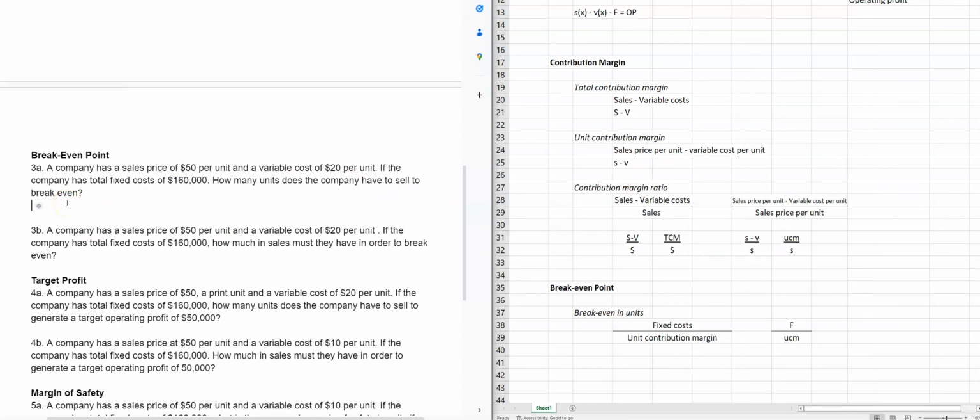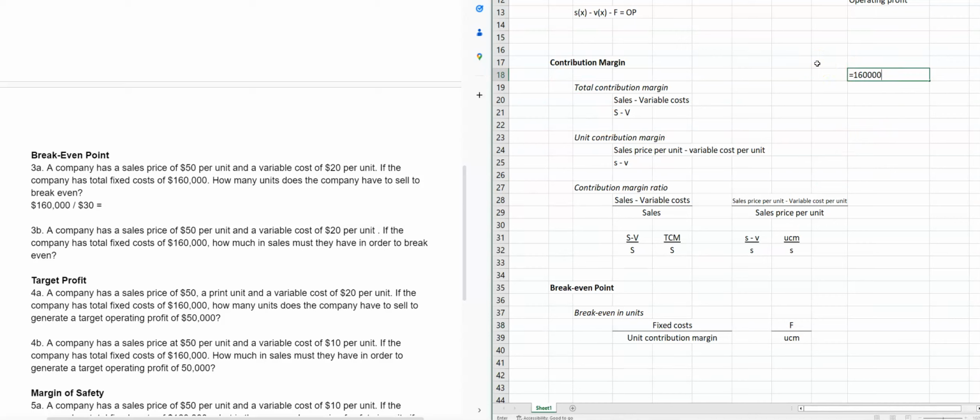So 160,000 is our numerator, and then we have to divide it by the unit contribution margin. We already know what that is. We've done it several times now. So sales per unit minus variable cost per unit is going to give us a unit contribution margin of 30. I'm pretty sure this is a fairly ugly number.